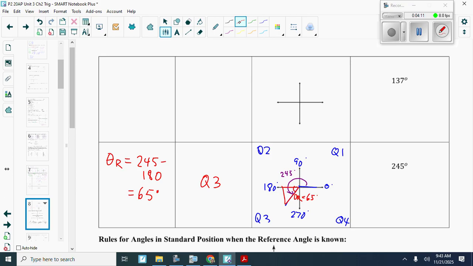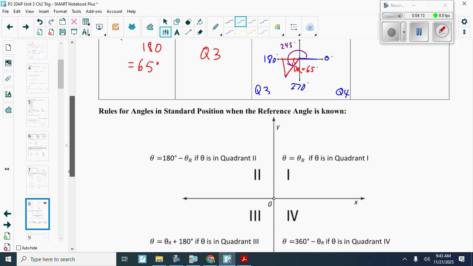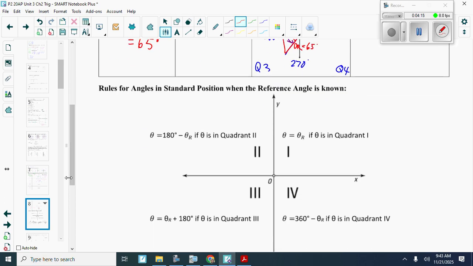Hopefully that's awesome. Okay, so we are continuing on. Did you notice that when we're in quadrant 1, the standard angle and the reference angle are exactly the same? For example, this would be your standard angle. This is also your reference angle. So only in quadrant 1 will the standard angle and the reference angle be exactly the same.